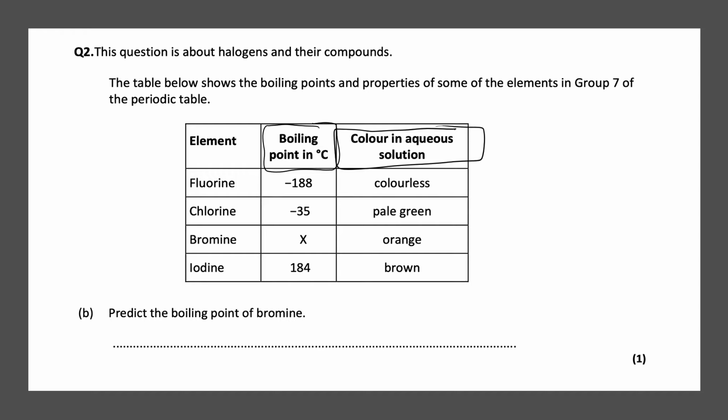So I would say a reasonable boiling point would be around 95 degrees. Of course you can have anything in that range, but your answer has to be something that matches the pattern, and that will give you 1 mark.